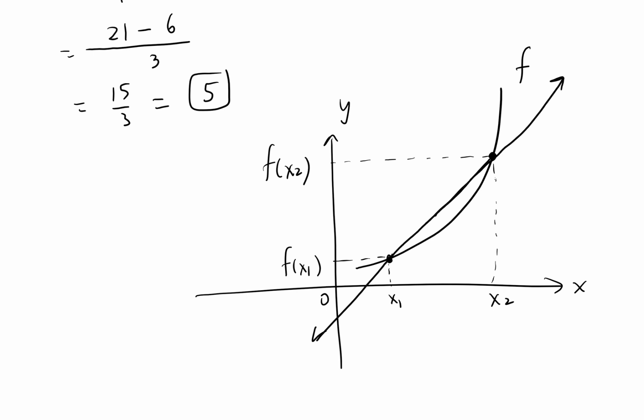This line, we call it the secant line, the line connecting these 2 points. Notice this is x2, this is x1. So this is x2 minus x1.